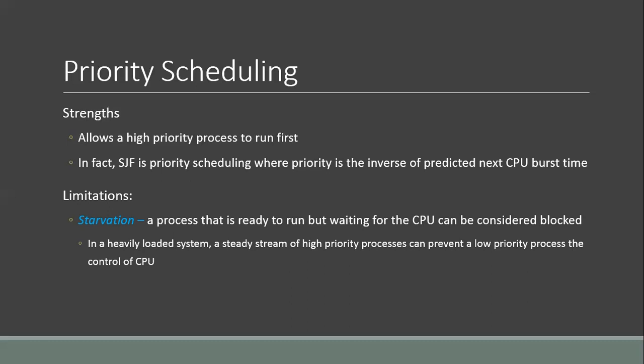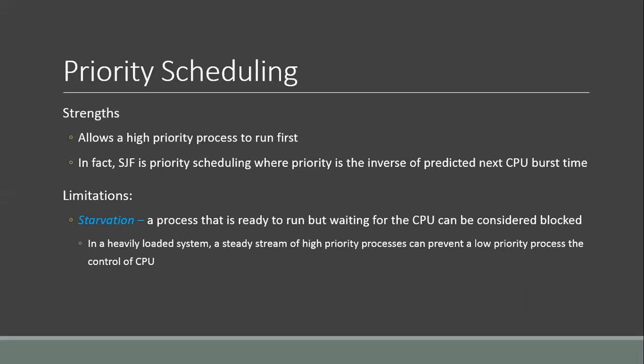In a heavily loaded system, a steady stream of high priority processes can prevent a low priority process from getting control of the CPU. This means this low priority process has been waiting, or has been blocked, because there is a continuous stream of high priority processes in the system.